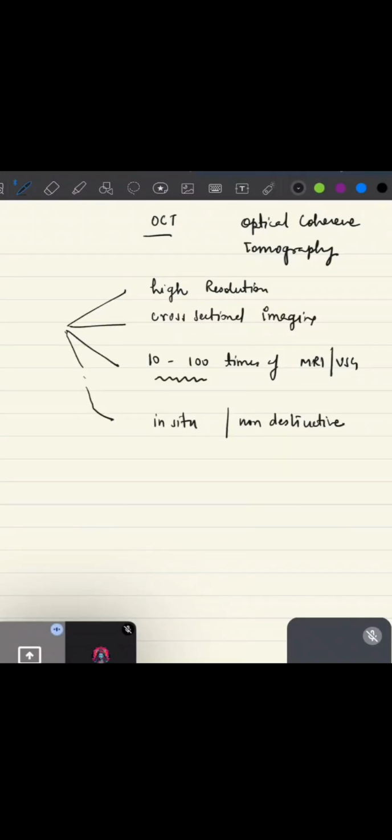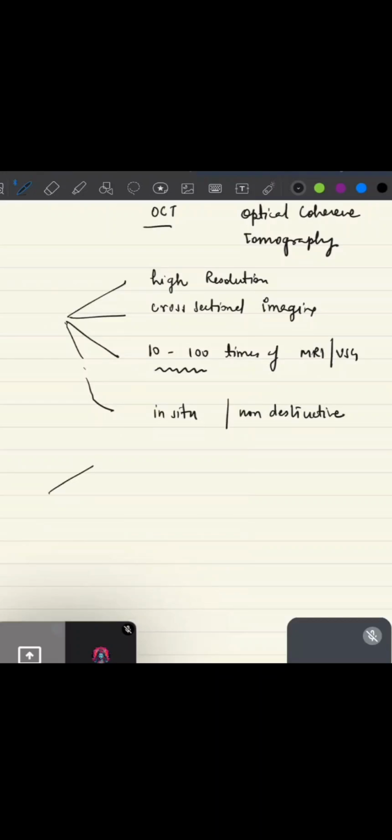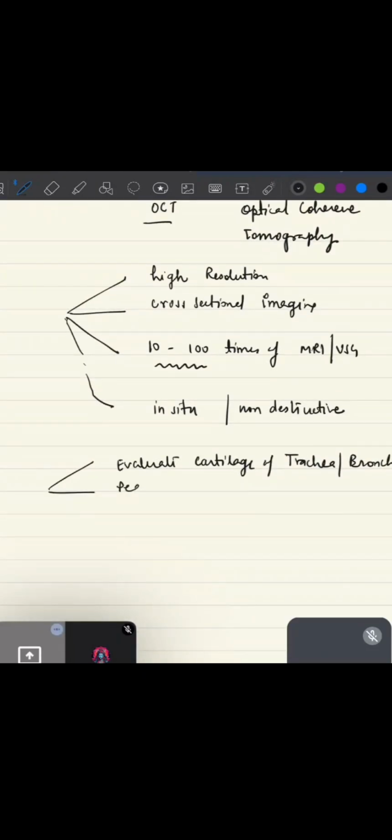Then you have what will be the uses in ENT. So in ENT, basically 3-4 uses, multiple uses are there. Just enumerating a few of them. It is used to evaluate cartilage of trachea or bronchus. Then this is used in pediatric subglottic stenosis.